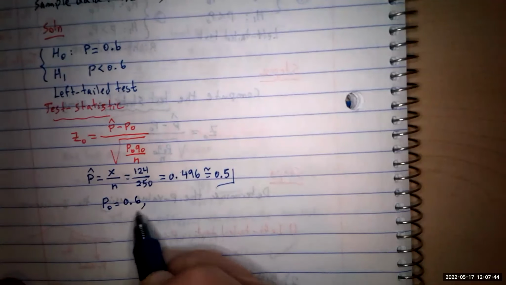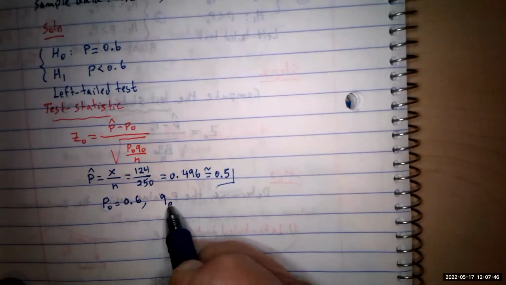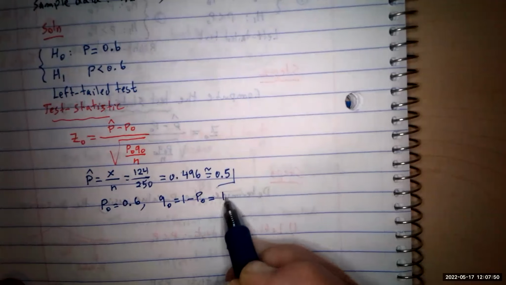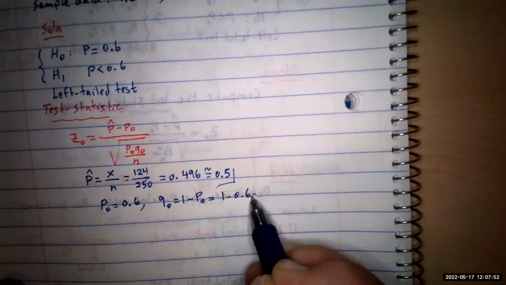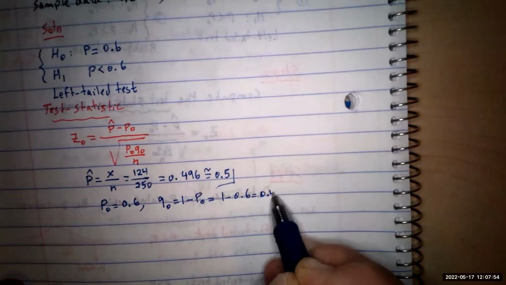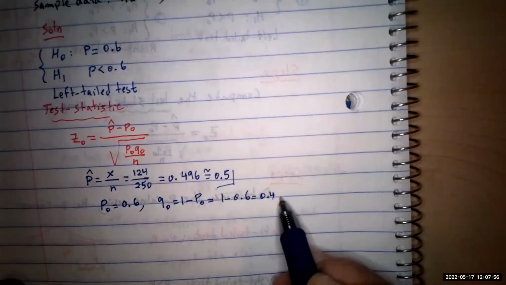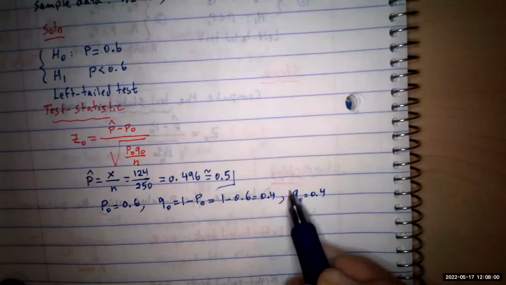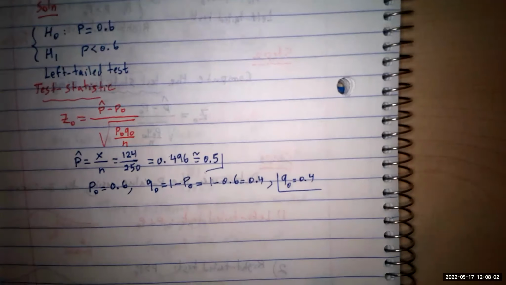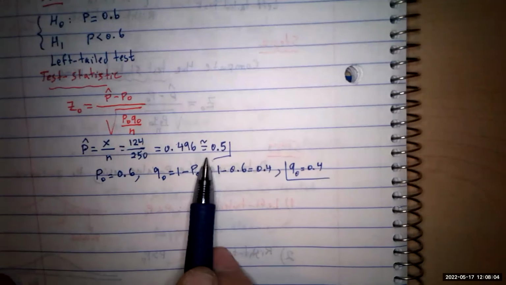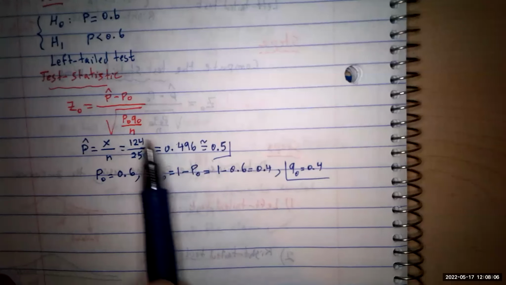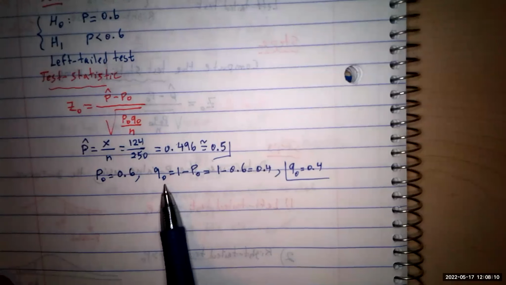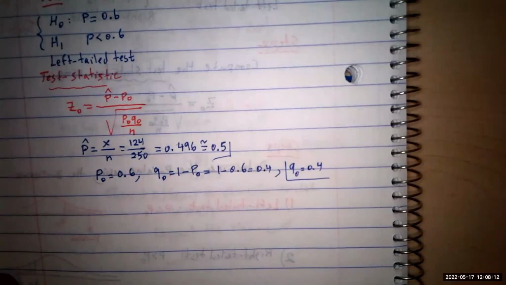Then you have to find the q0, which is 1 minus p0, which is 1 minus 0.6, so 0.4 or 40%. So the q0 is 0.4. Any question? Remember, the p hat should be evaluated from this formula, but the number that you pick over here is p0, so we can get the q0, which is 1 minus p0.